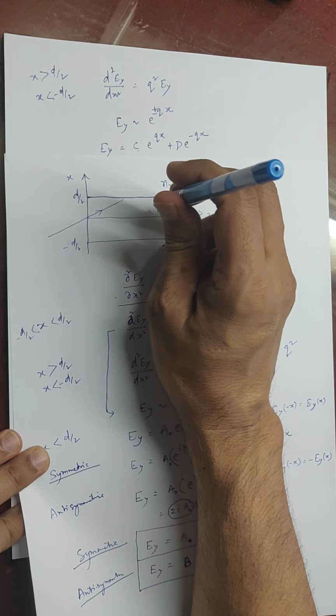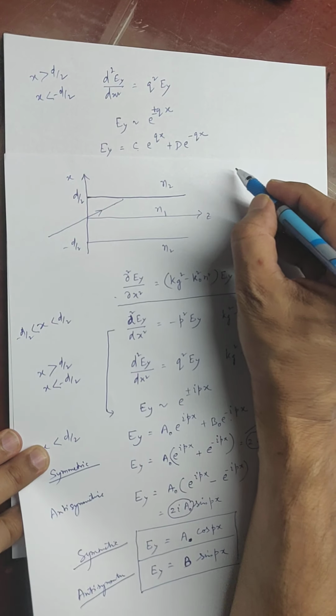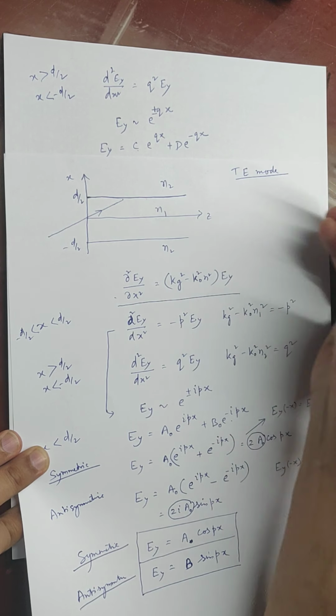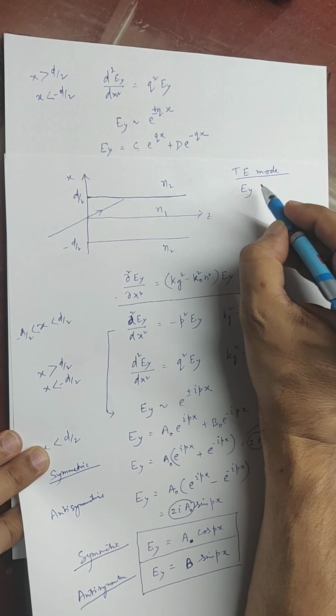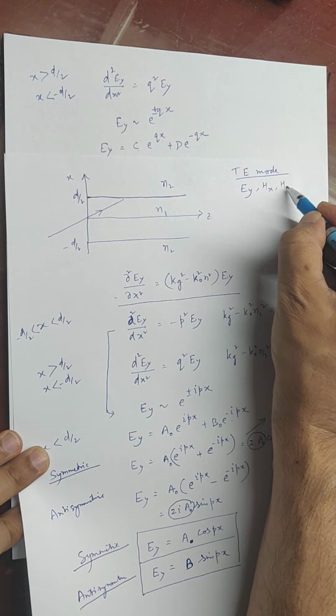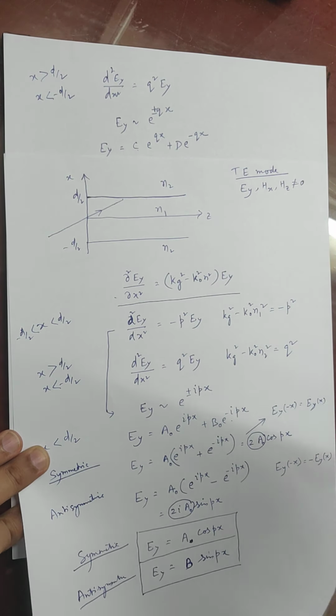So now we know that what we have been solving is a TE mode problem, transverse electric mode, and in that we know that only EY is not 0, HX is not 0, and HZ is not 0. Only these three are not 0, otherwise others are 0.